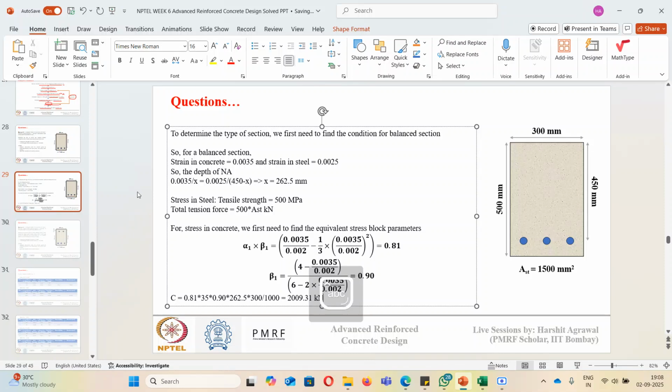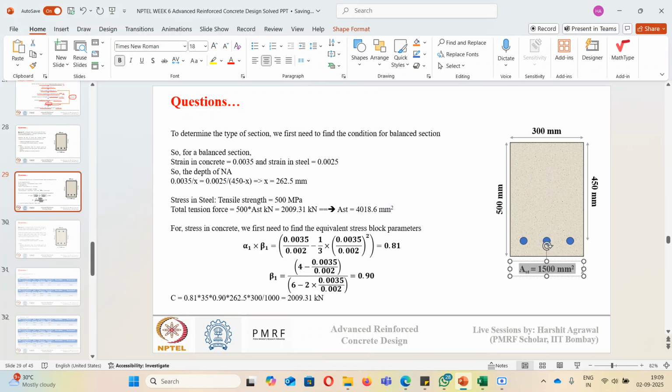Now we know total tension force, we know total compression force. So this total tension force is equal to total compression force, which is equal to 2009.31 kilonewton. Upon equating, you will get area of steel AST equal to 4018.6 mm square. Now this area for the balanced section is more than the area that we have provided right now.